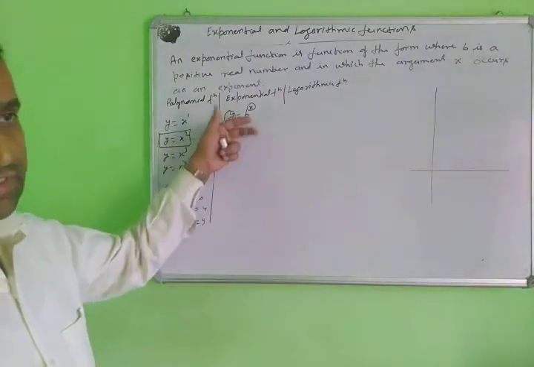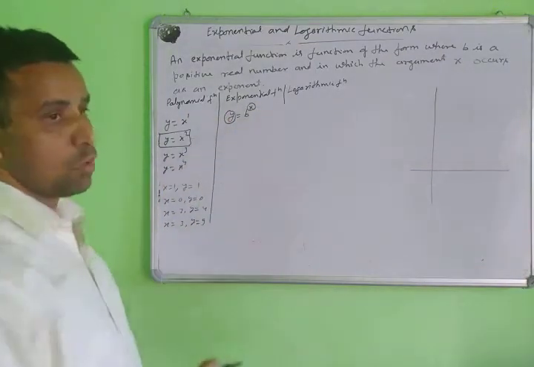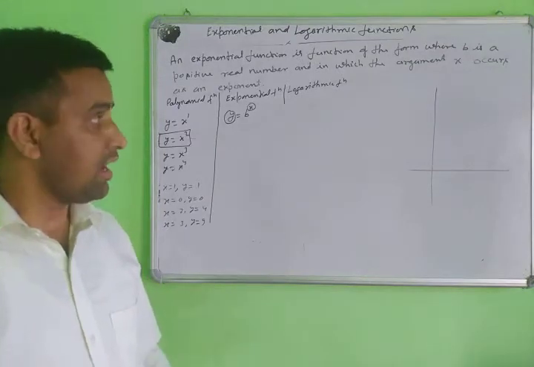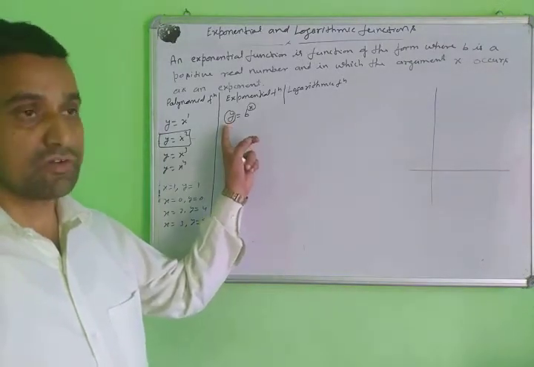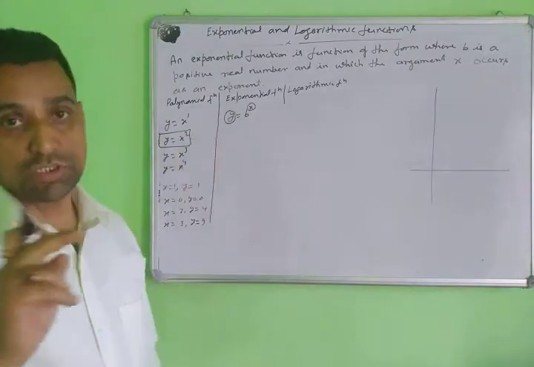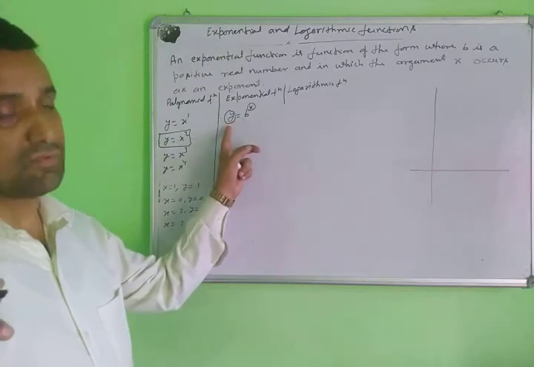The salient features we will discuss at the end. The domain of the exponential function is all real numbers, and the range will be only positive: the base is a positive real number, then the value of the function is also a positive real number.